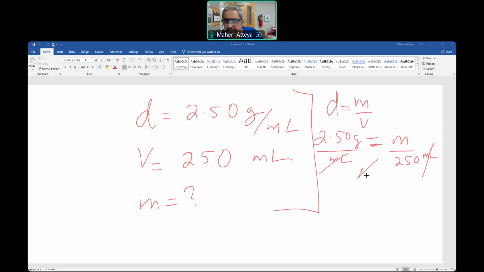So cross multiply. Mass is 250 multiplied by 250, and the mass is in grams, correct? In grams. So now you have to watch out: your answer has to satisfy the sig fig rules.